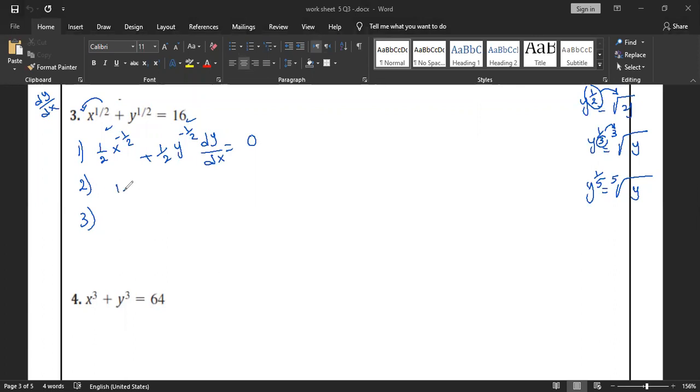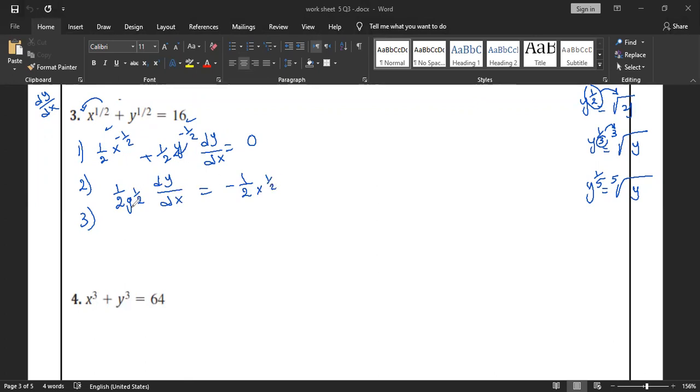Okay, half. Don't keep the answer with the negative exponent. Move it to be in the denominator. Y to the power what? Half. Dy by dx equals, go to the other side with the opposite sign. Please keep it in the denominator.